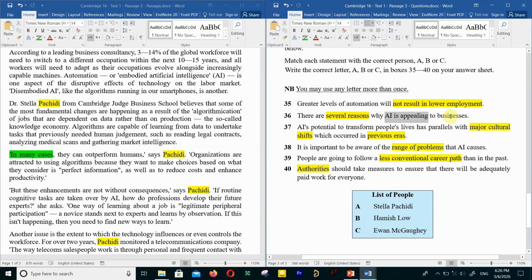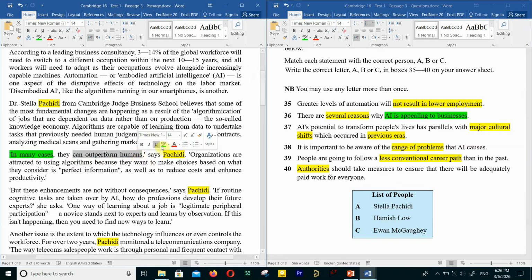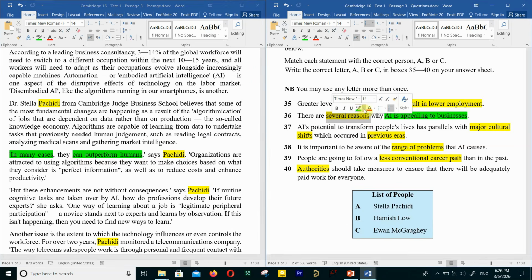So AI is appealing to business is why they can outperform humans. Several reasons means in many cases, it means several reasons why AI is appealing to business. So this sentence is the paraphrase of 36, and it's a hard one to answer. So A for 36.